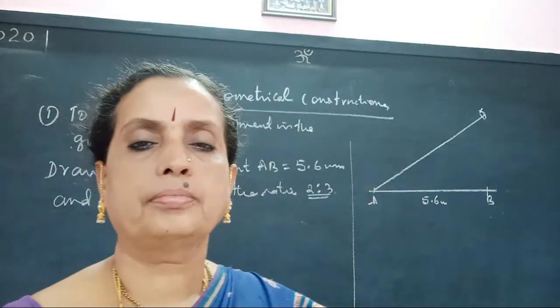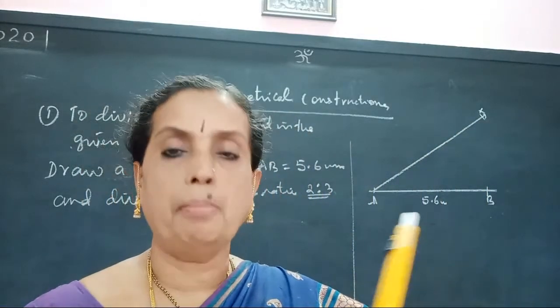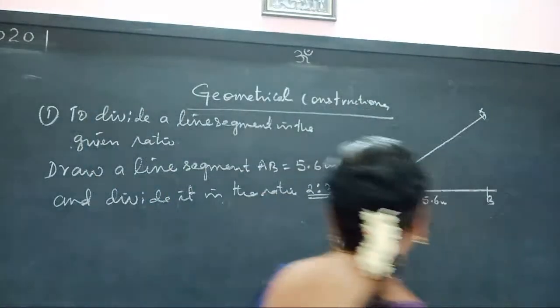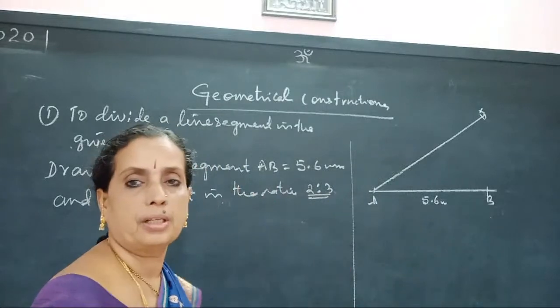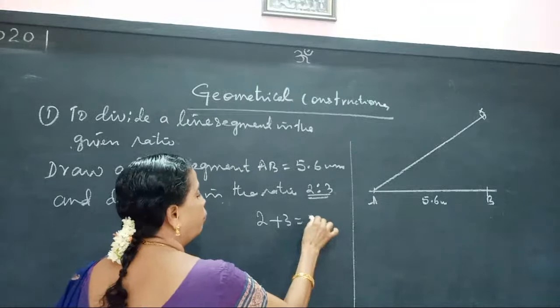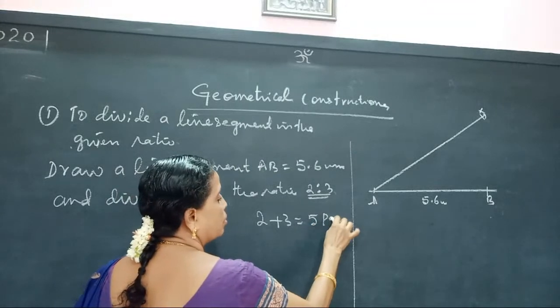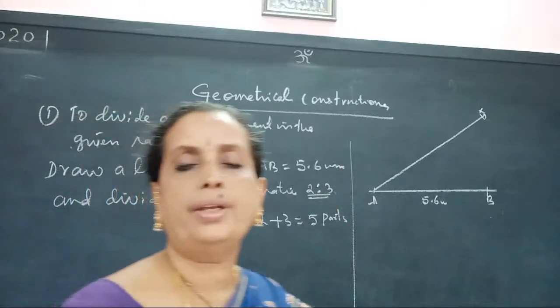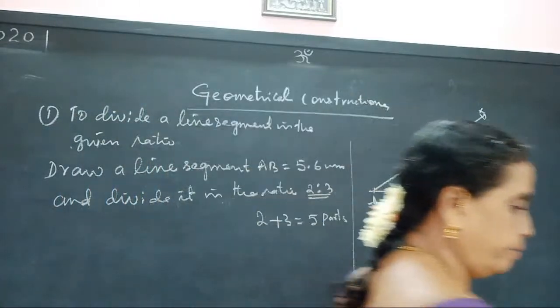Now, using your compass, see the ratio. Ratio is 2:3. Sum of the ratio is 2 plus 3, 5 parts. So, divide the ray AX into 5 equal parts.